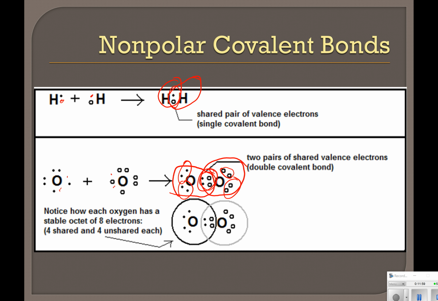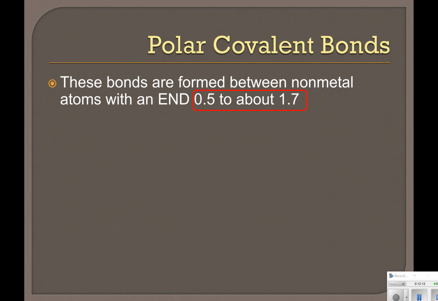And in this case, we have 4 shared, 4 unshared. And remember, a bond is 2 electrons, so this would actually be a double bond, and we would write that with 2 lines. And we can determine that by writing the dot diagrams. So I want to make sure that we're comfortable writing those dot diagrams.